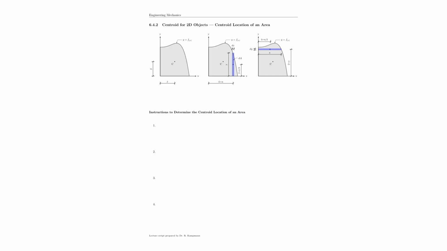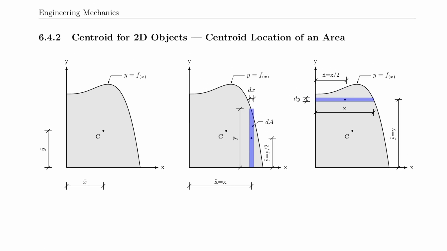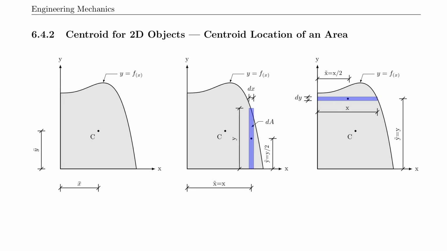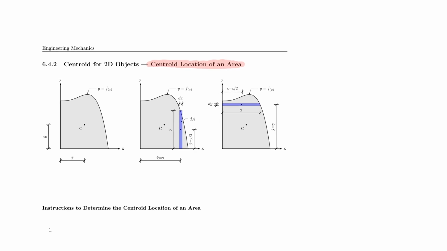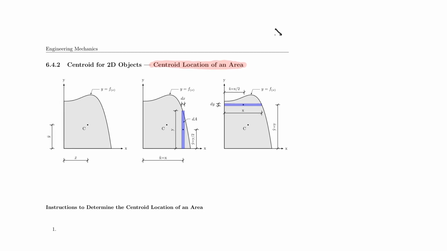So now we can move on and reduce it further down to area objects. What I want to talk to you about next is the centroid location for an area. And remember our formula from before when we talked about the volume. It was x bar is equal to the integration of x tilde dV divided by the integration of dV.